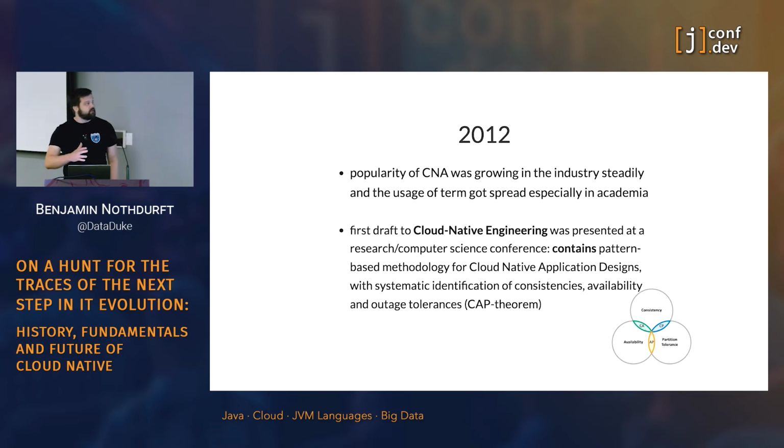And just later that year, the popularity of the term cloud native applications first arose in the industry, and it got spread a little bit into academia, so that there was a paper released called Cloud Native Engineering, and there was already some explanation about the systematics behind it, for example availability and outage tolerances like the CAP theorem, so that you can just achieve two, like you see in the small picture below.